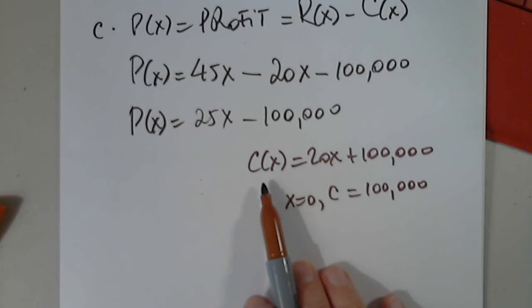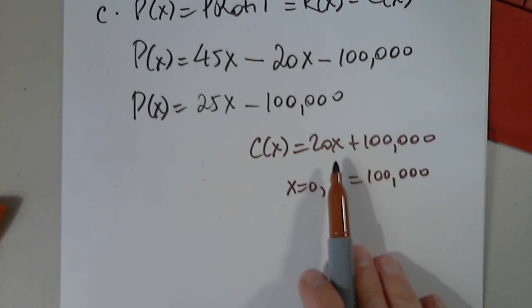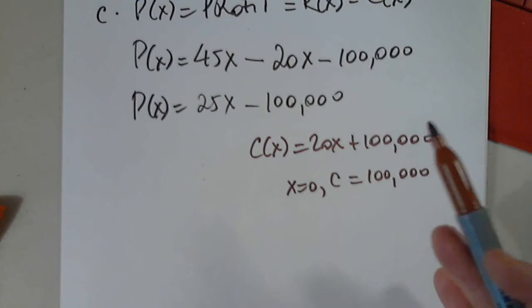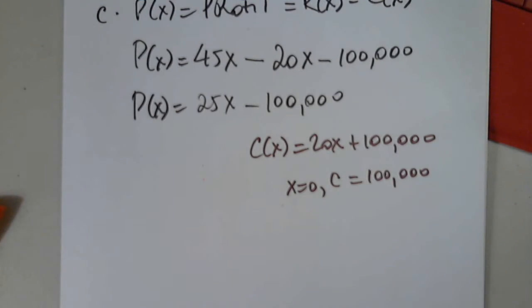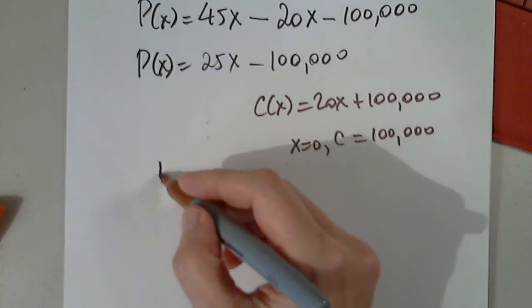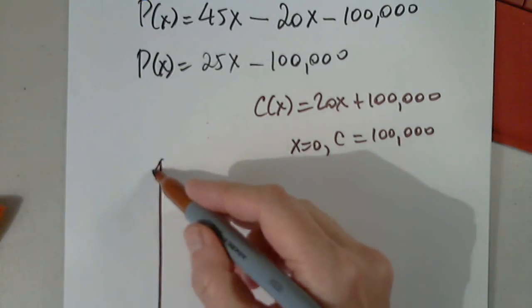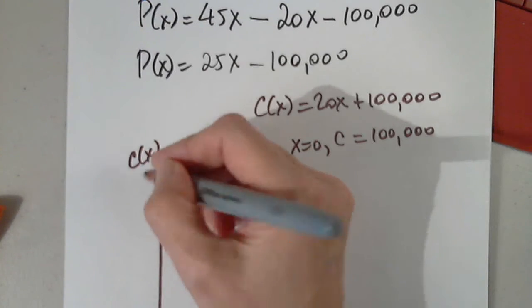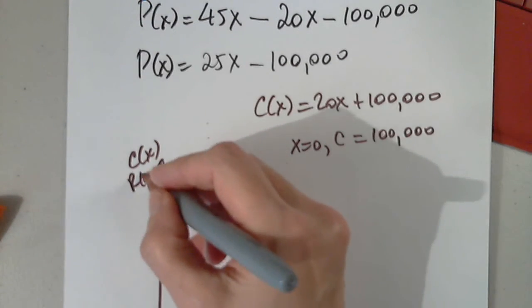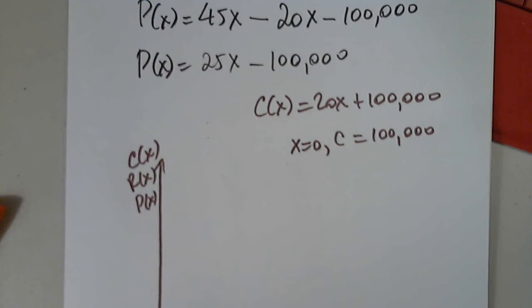If I set this equal to 0, I will get a negative X. I cannot manufacture negative 1,500 calculators. So I'm not going to look at the second, third, or fourth quadrant. We're going to look at the first quadrant only. So here I will have the total cost, the revenue, and the profit, and here the number of units.